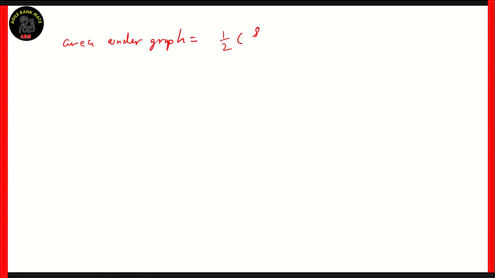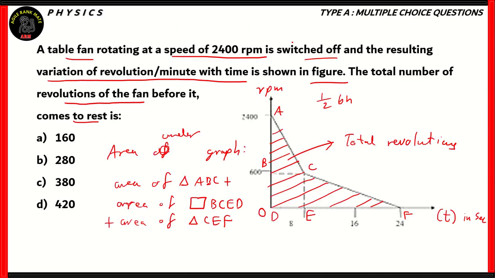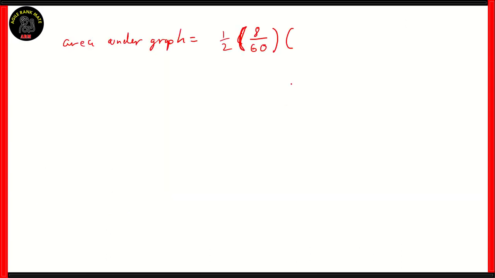So therefore we would have to divide that by 60, because we know that our angular velocity is given in revolutions per minute. And the RPM is from 600 to 2400, so 2400 minus 600, that is equal to 1800. So that's our first area.